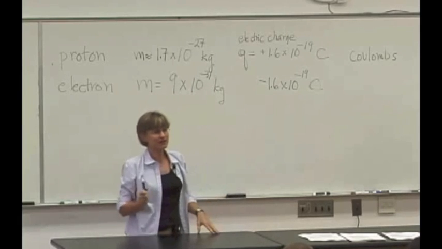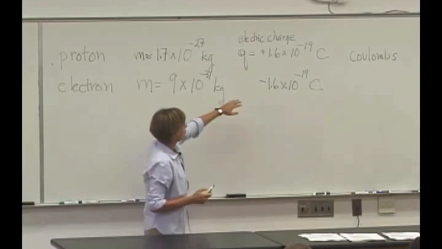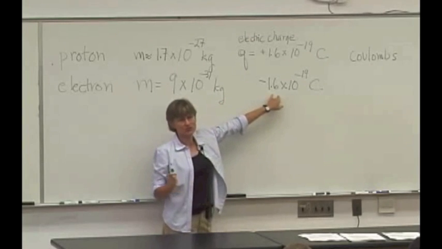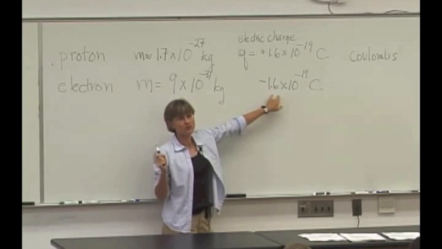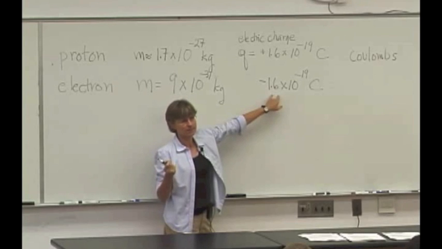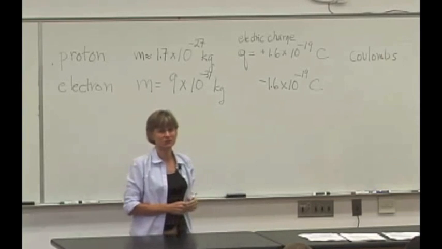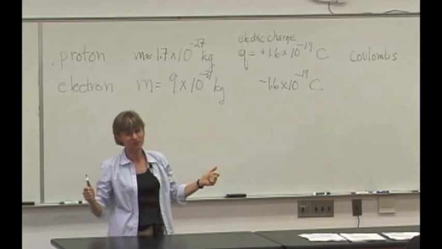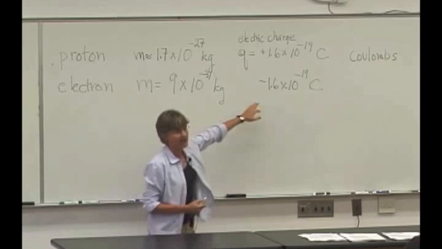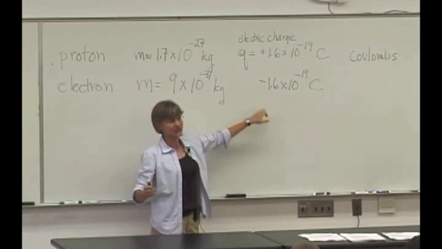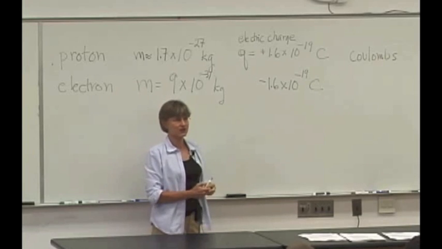As a matter of fact, this seems to be the smallest amount of charge we can ever observe in a particle that we can observe. We can see plus 1.6 times 10 to the minus 19th coulombs, or minus 1.6 times 10 to the minus 19th coulombs. We never see half of that. We can certainly see twice that if we put two protons together.